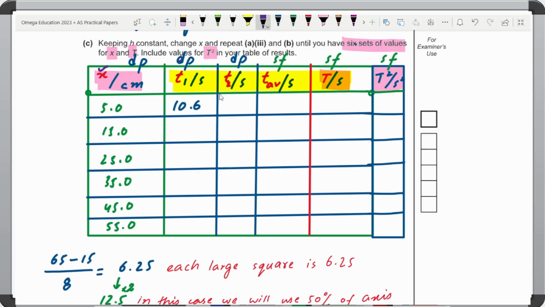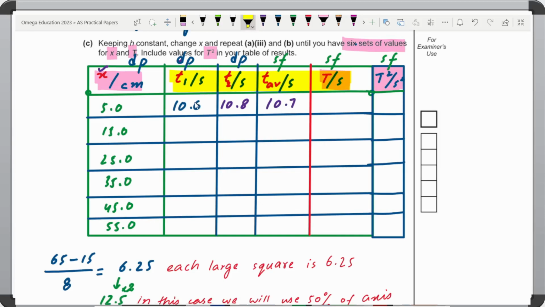So let's say the value of T2, the time of 10 oscillations, was 10.8 seconds. In the second attempt, you found the time of 10 oscillations, it was 10.8. Now you take the average of these two, 10.6 plus 10.8, both of them divided by 2, and you get the average 10.7.